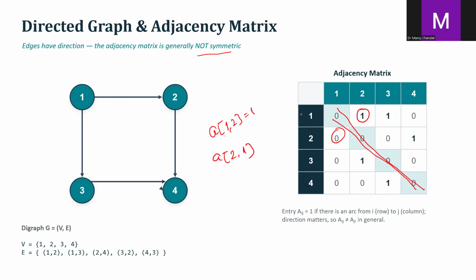So if A of i comma j is not equal to A of j comma i, then this graph represents a directed graph and the matrix is a non-symmetric matrix.